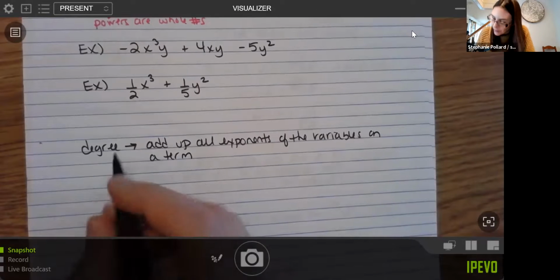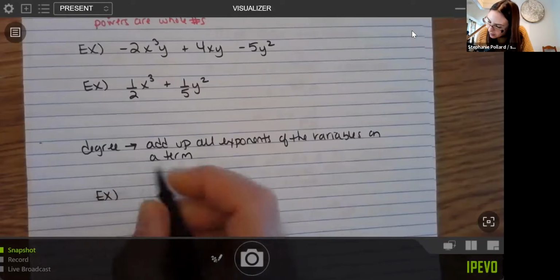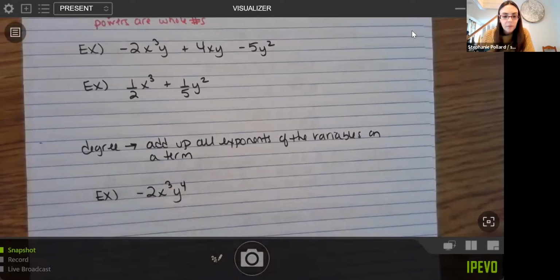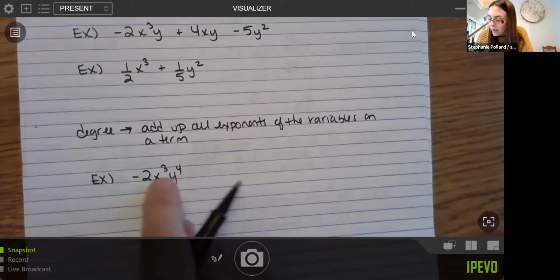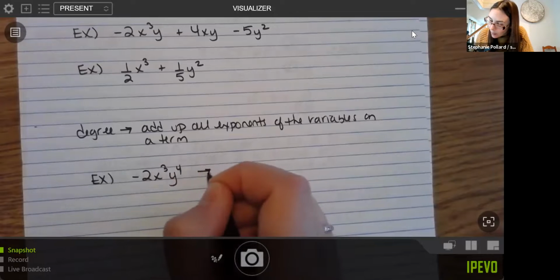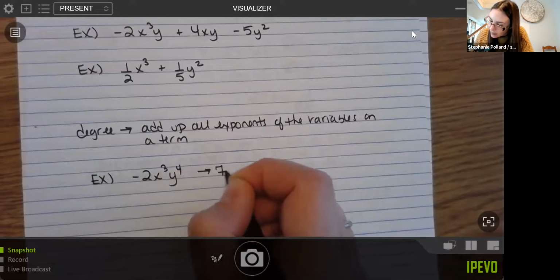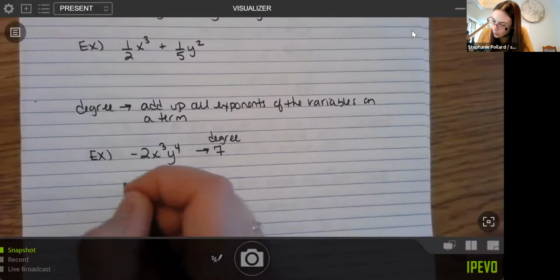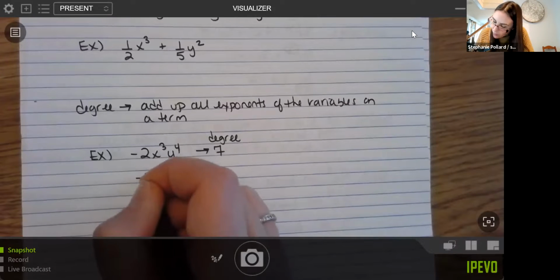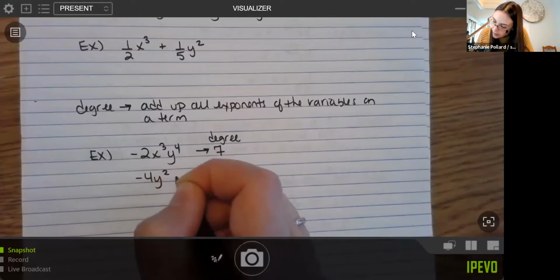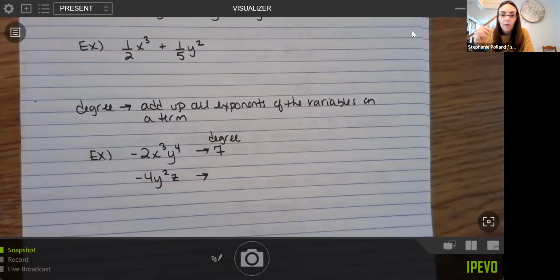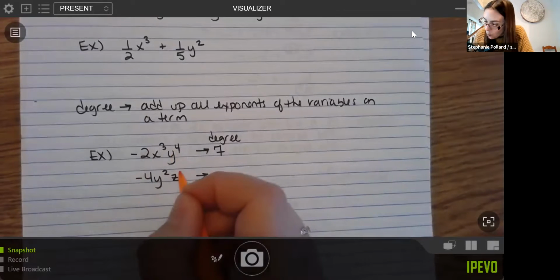So for example, let's say I had something like -2x cubed y to the 4th. I would just look at the exponents on my variables and add those up. 3 plus 4 is going to be 7. So the degree there is 7. Or let's say I had something like -4y squared z. Now, if there is no variable exponent noted, there is a 1 there.